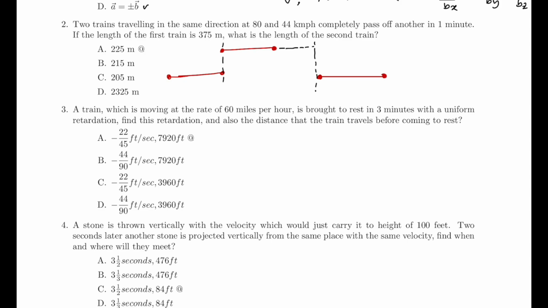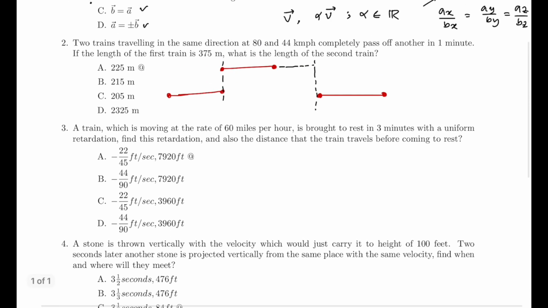So if the length of the train is, let's say, x, that we need to find, so this length is traveled by the 80 kmph train, whereas this length is traveled by the 44 kmph train. So this length is 375 meter as given.